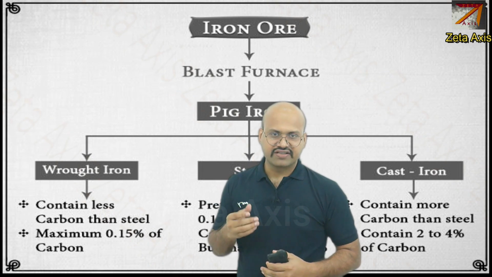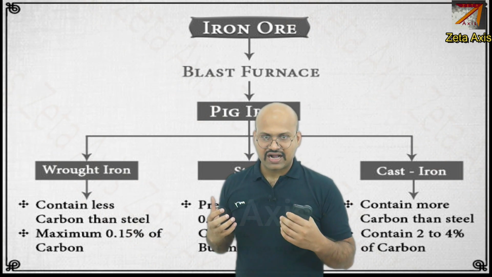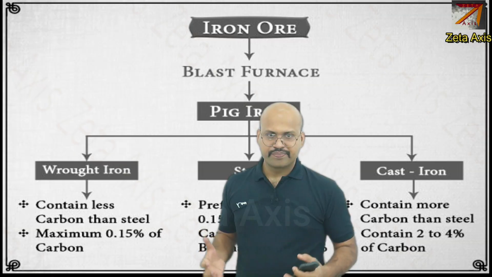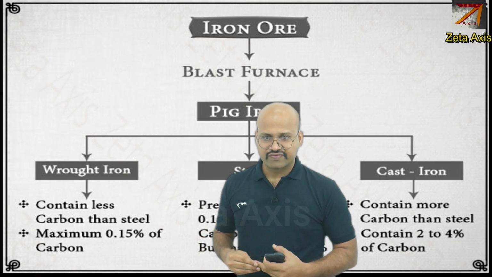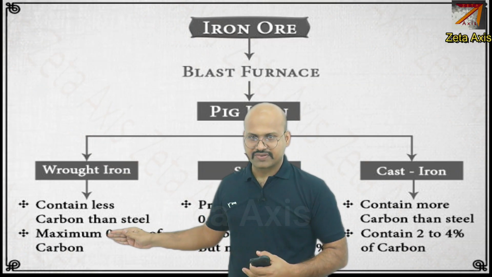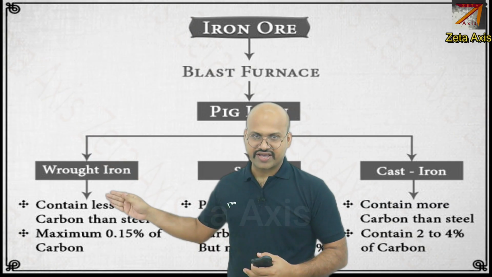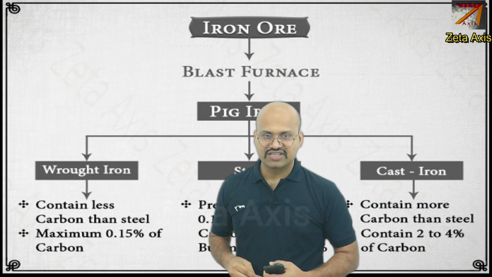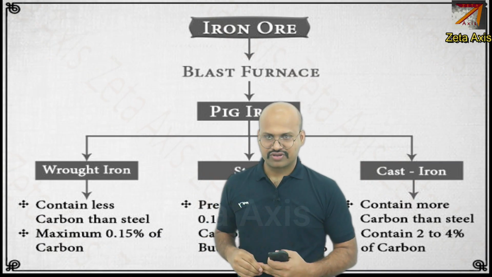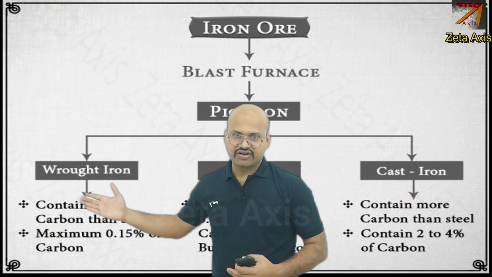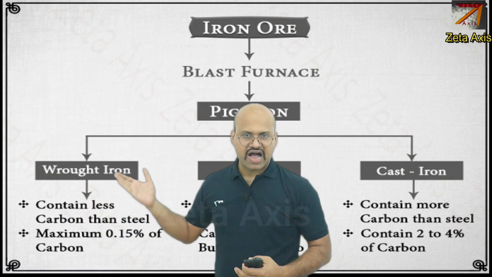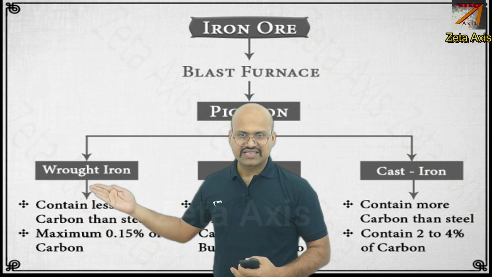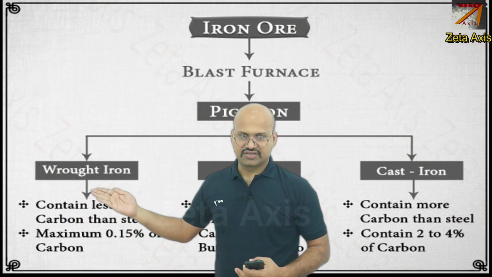When we heat it in the furnace, the carbon gets burned or consumed, and therefore the quantity of carbon is reduced. While making wrought iron, it is never heated above the melting point, but always heated below the melting point. This is the older method of making iron. Most of the ironsmiths use this kind of iron in their production chain.